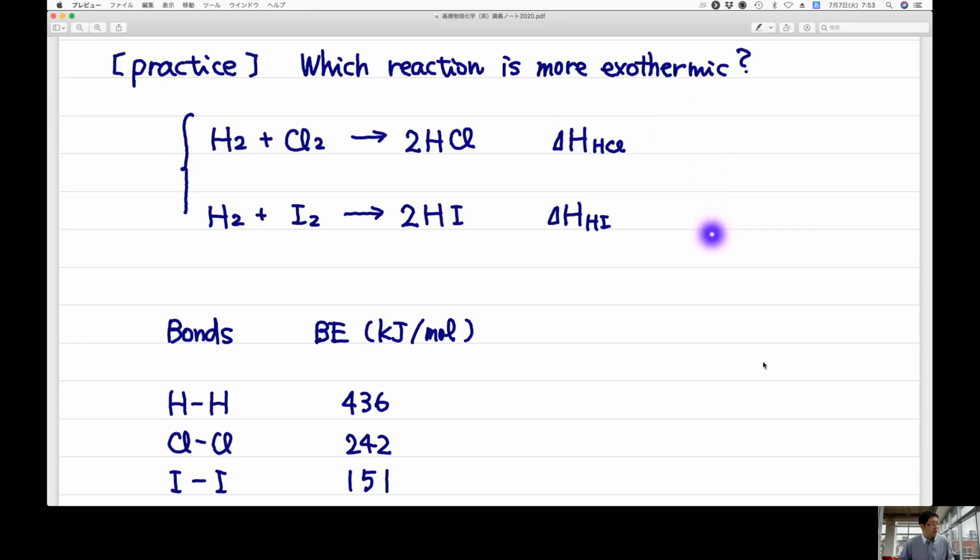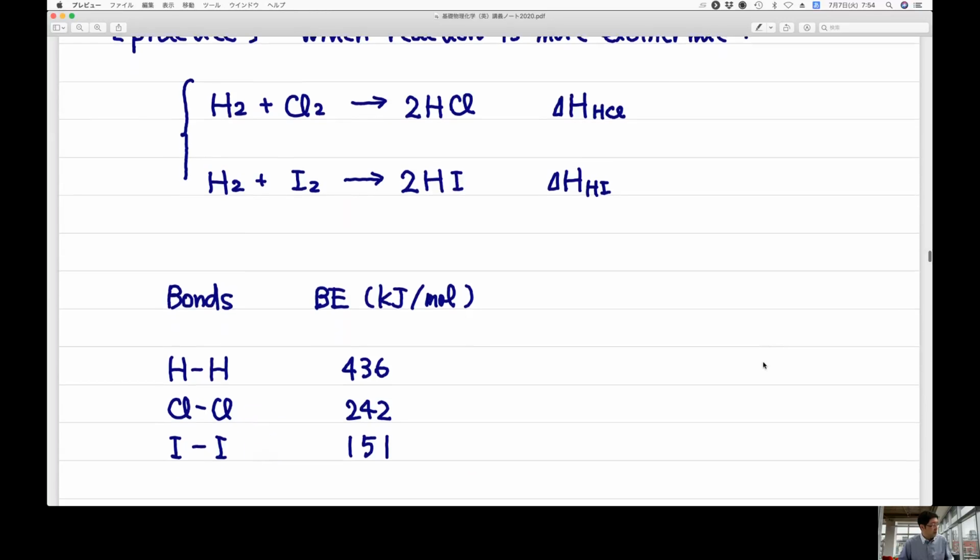This is a very important idea to understand the chemical reaction by the use of the change of enthalpy. You can use these values: HH single bond, Cl-Cl single bond, and II single bond.